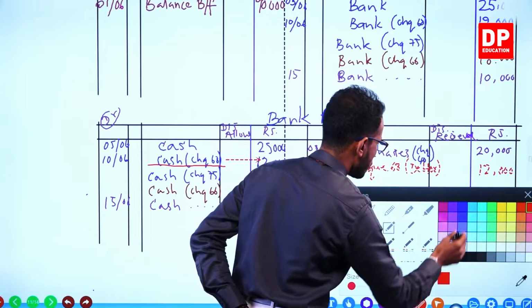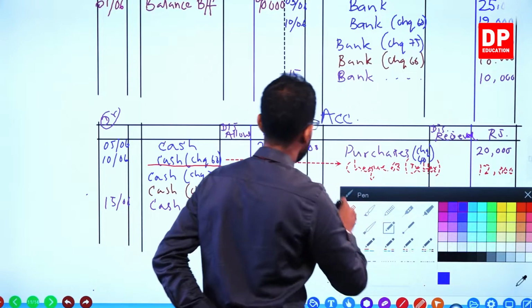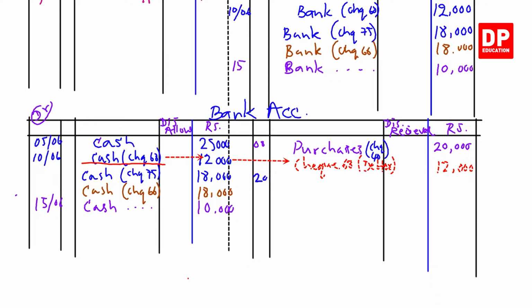Let's credit the bank. 20th of the month, rent 8,000. This is check number 41. Then same date, creditors, check number 42, 15,000.